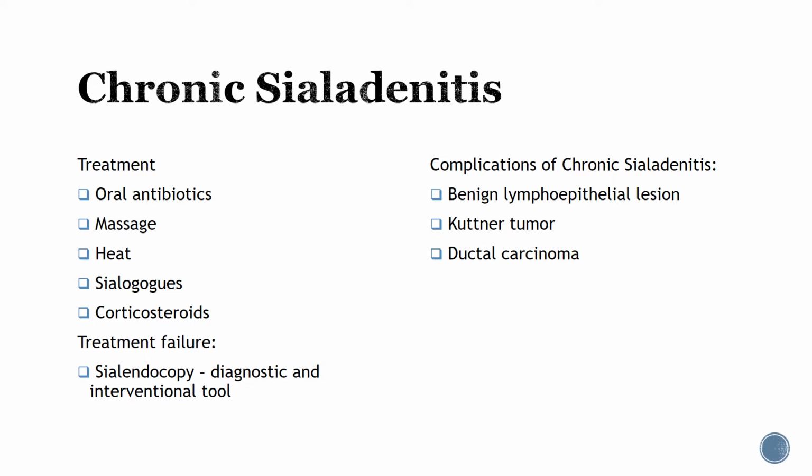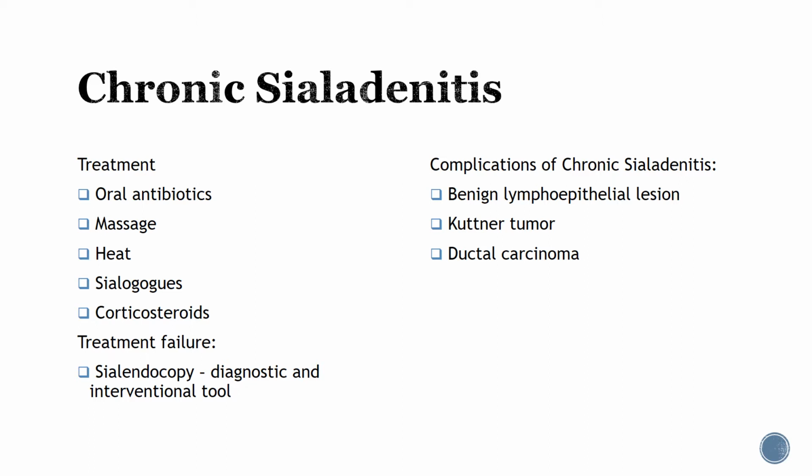Sialendoscopy serves as a diagnostic and interventional tool, generally if the patient suffers from more than one acute attack per year. Interventional sialendoscopy may be considered. Possible complications of chronic sialadenitis include the development of a benign lymphoepithelial lesion, Kuttner tumor, and ductal carcinoma.